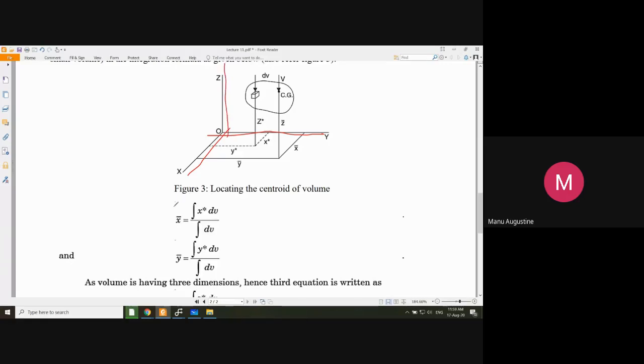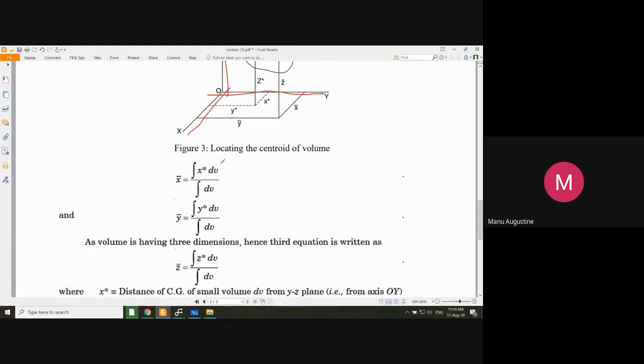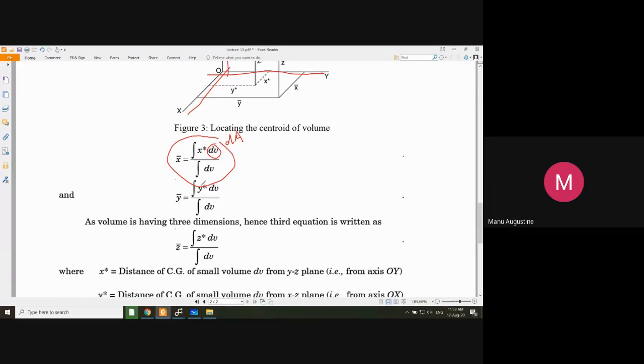So only x and y will not suffice. You need the third dimension z also. Instead of x bar into dA for a flat area, you are using x bar into dV, where dV is the small volume. Y bar is y star into dV.